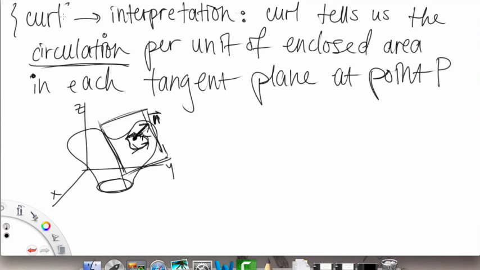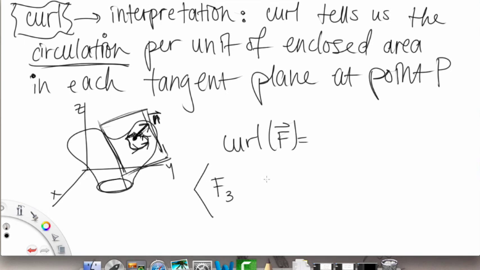That was fun. Just, again, remember the formula for that. Remember curl of something, we'll just call it F, is equal to, and you're going to write 3, 2, 1, so F3, F2, F1, and another 3, 2, 1, okay?